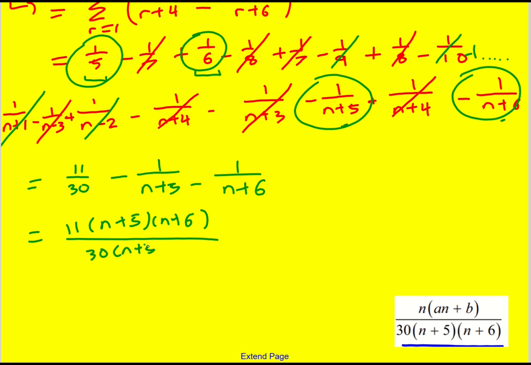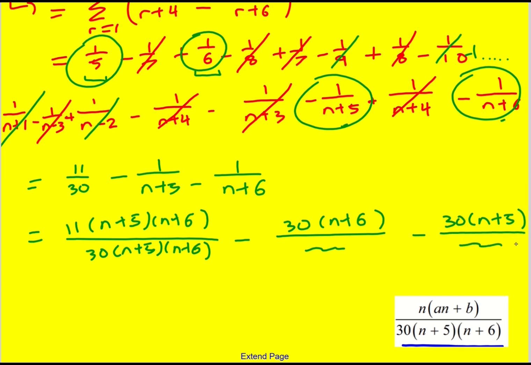For the second one, I'm going to times by 30(n plus 6), because that will get me the same denominator. I'm not going to write it all out again. And for the last one, I'll times by 30(n plus 5), again all over the same denominator.